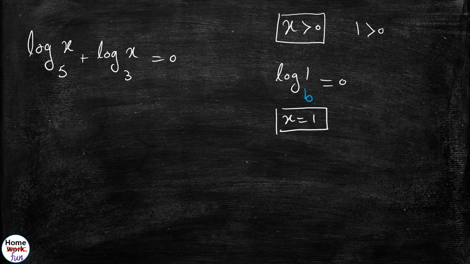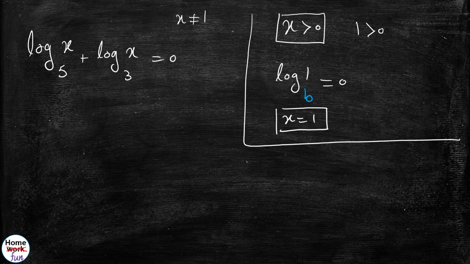Because log of 1 with the base 5 plus log of 1 with the base 3 equals 0. So x equals 1 is a solution. But let's see if there's another solution here. Now let's assume that x equals 1 is not an answer. Let's leave that behind, so let's say x is not equal to 1.